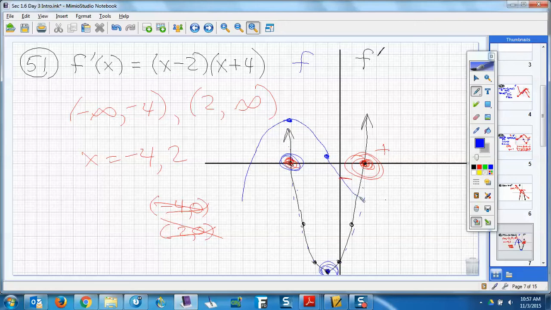So that means it's leveling off until there. Local minimum. What we just said was a local minimum. And then positive and getting more positive, like so. Okay? So F, if I look at the F prime graph, look at its Y values, they're positive, then negative, then positive. So that means this graph's got to be going up, then down, then up.